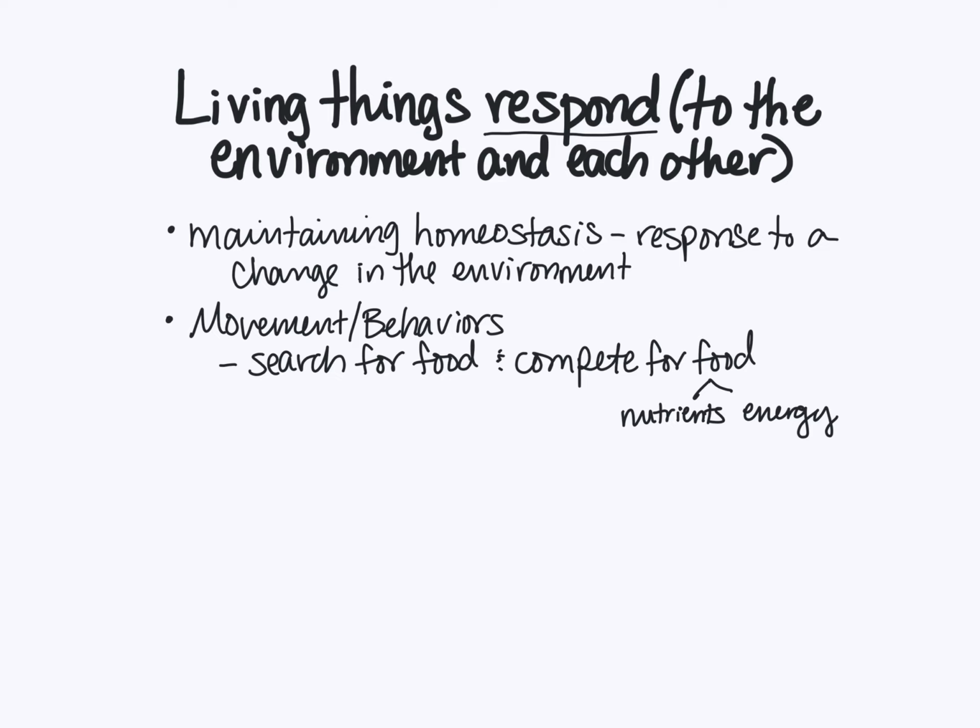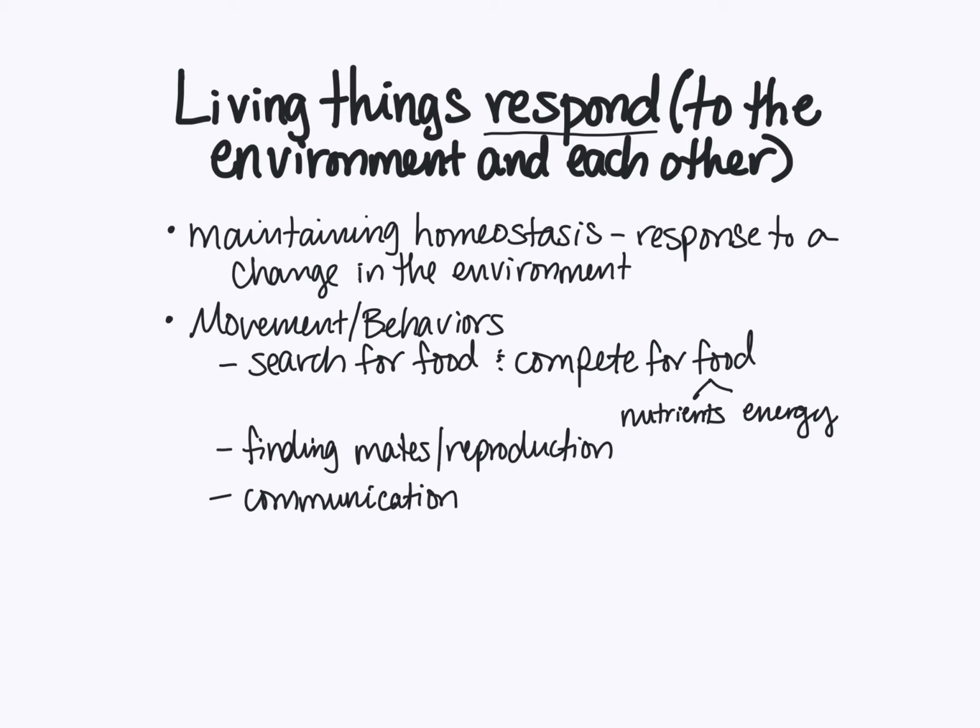Organisms also have to have behaviors for things like finding mates for reproduction. Things like communication. Things like hunting and defense. So these are all examples of ways that organisms respond to something that's going on in their environment or responding to behaviors by other individuals in their environment.